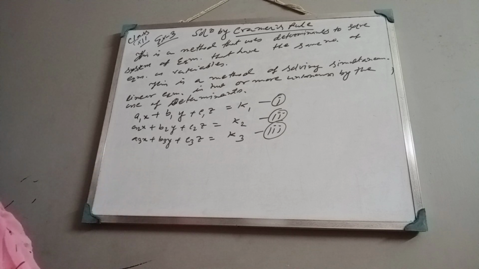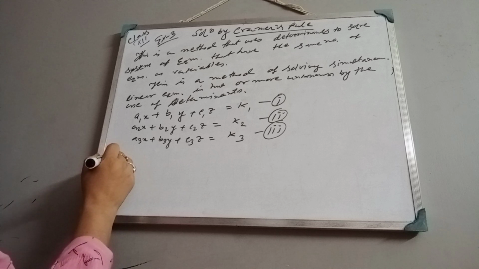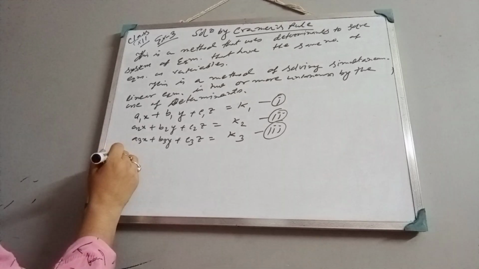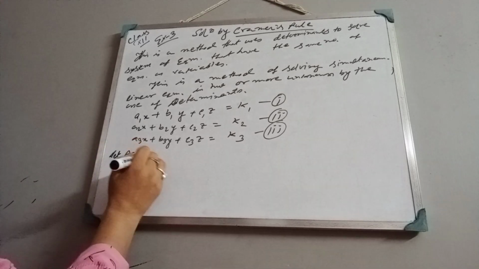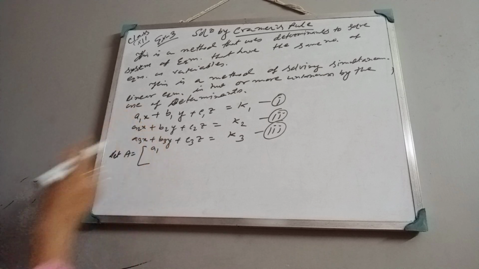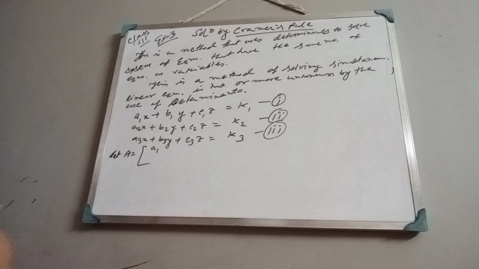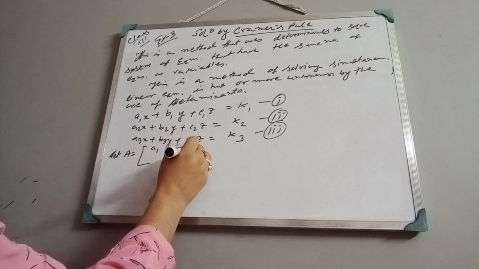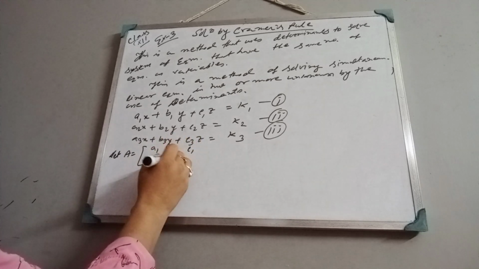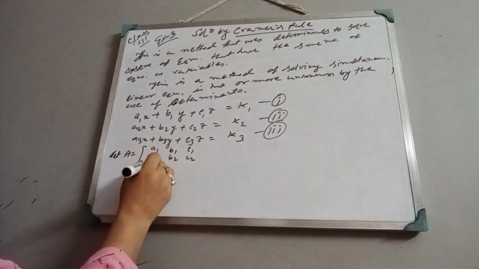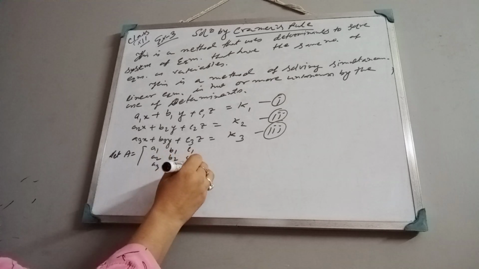Okay, now these three equations, we can write the coefficient matrix first. Let A be equal to, what is the coefficient matrix? We know the coefficients of x, y and z: a1, b1, c1, a2, b2, c2, a3, b3, c3.